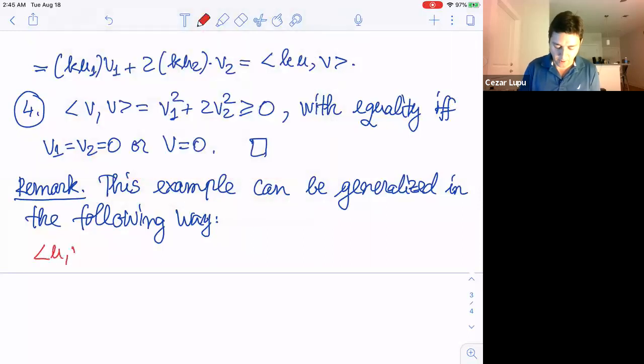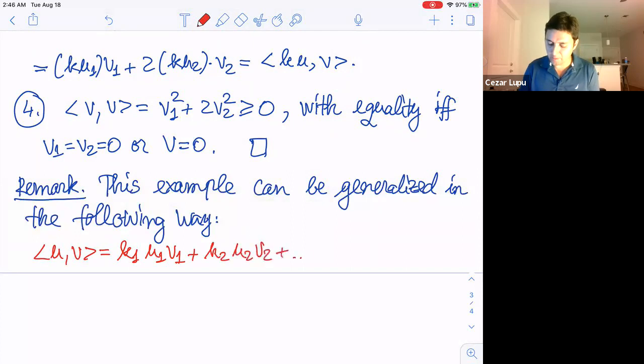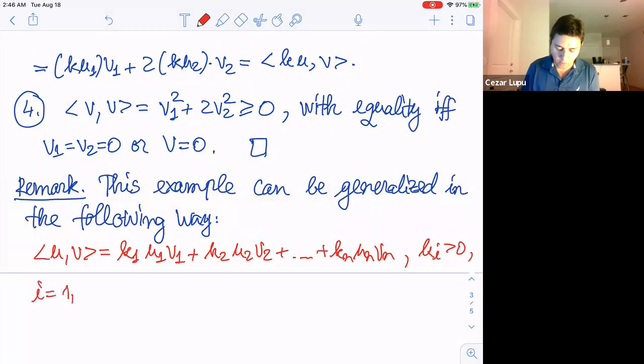So the inner product between u and v can be, let's say, k1 times u1 v1 plus k2 u2 v2 plus all the way to kn un vn. So we can define it in this way for these ki's to be greater than 0, with i going from 1 all the way to n. So we can generalize it in this way.